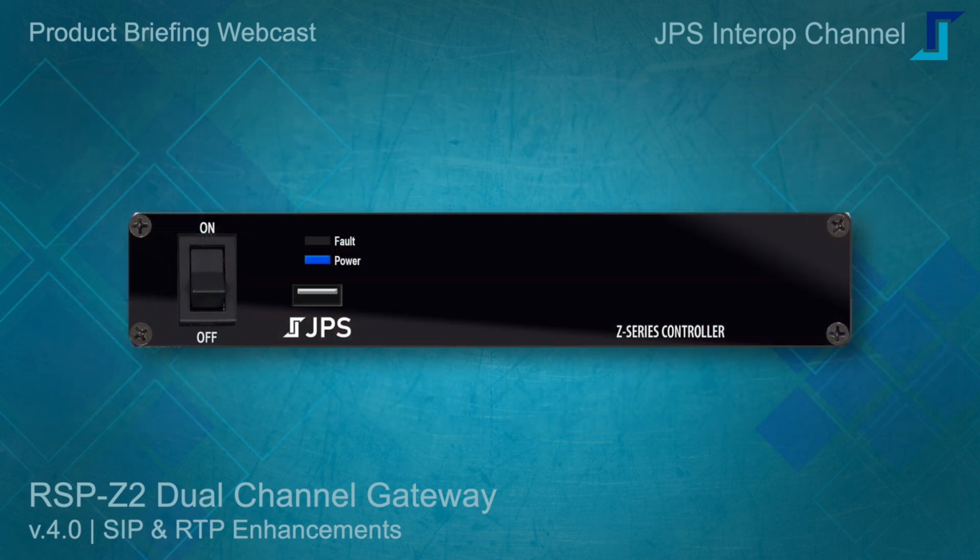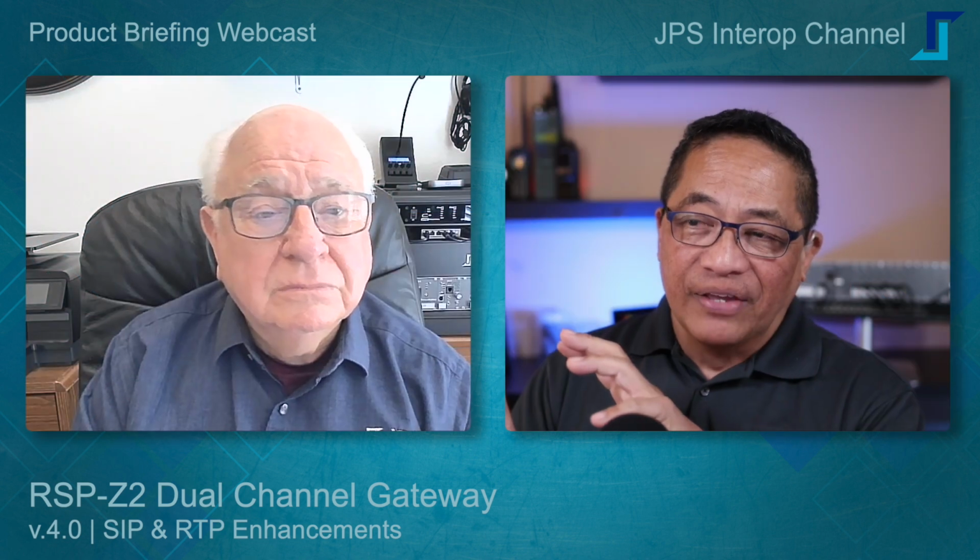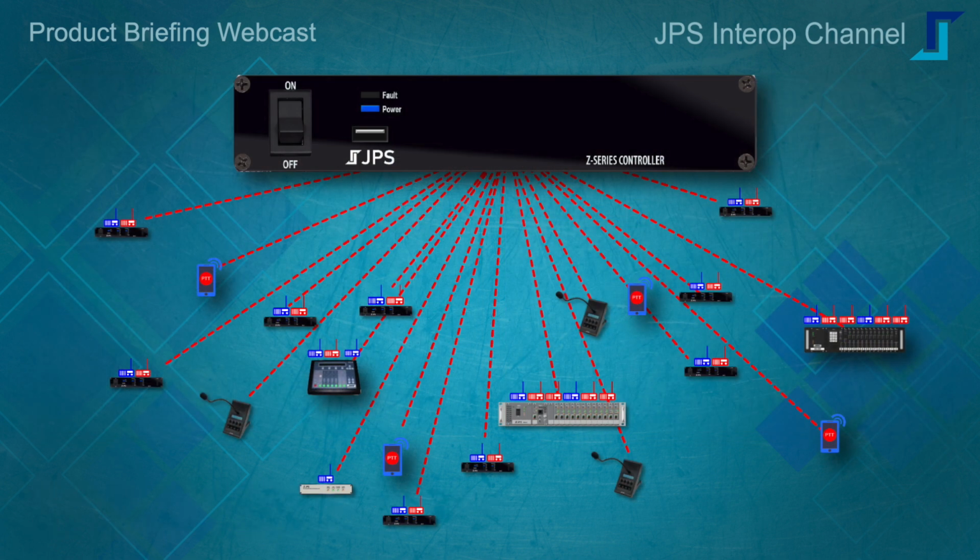But what I think we want to do, Carol, and I think you can agree with me, we're going to focus on the Z series controller and talk about wide area distributed architecture, where we can take a multiplicity of gateways, not only RSP-Z2s, but ACU-Z1s and NXU-2Bs and even our legacy gateways, and marry all those devices into a single platform by employing a Z-Series controller, which is our, so to speak, management hub.